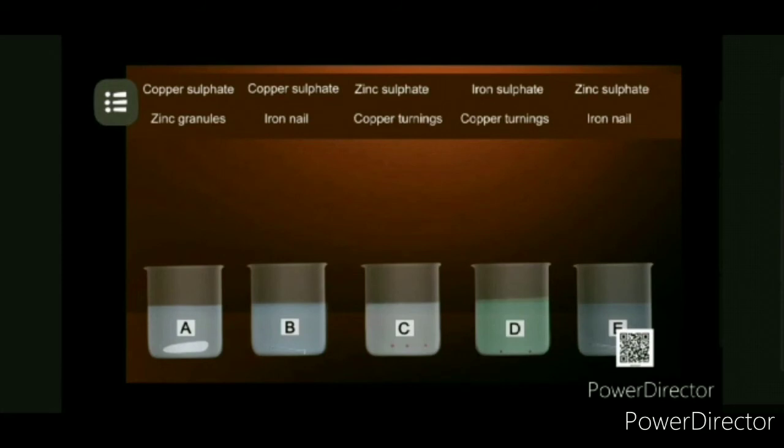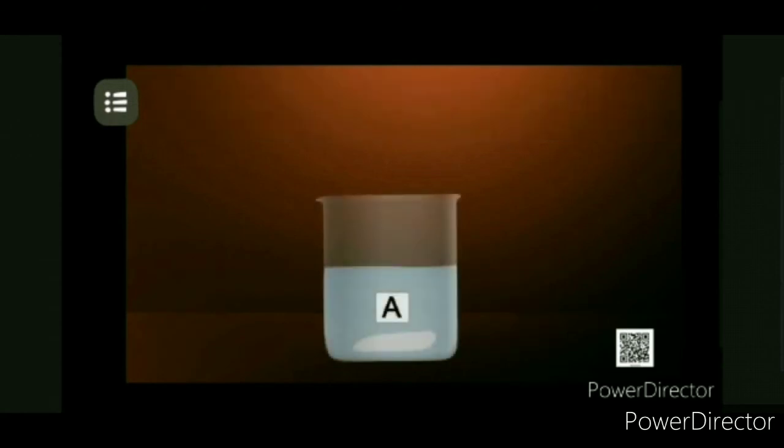Keep these beakers undisturbed for some time. Now record your observations. After some time, we will observe different changes occur in these beakers. First of all, let us observe beaker A.